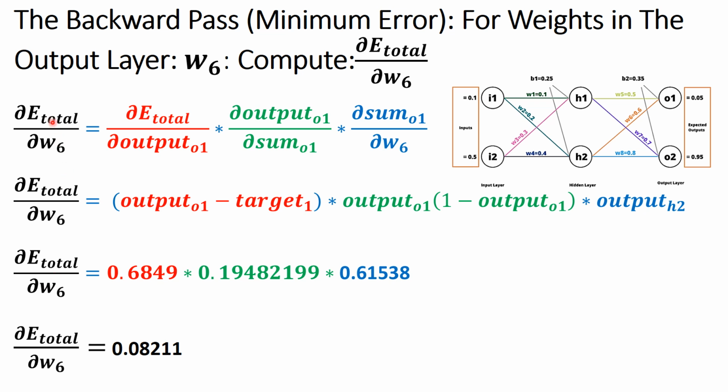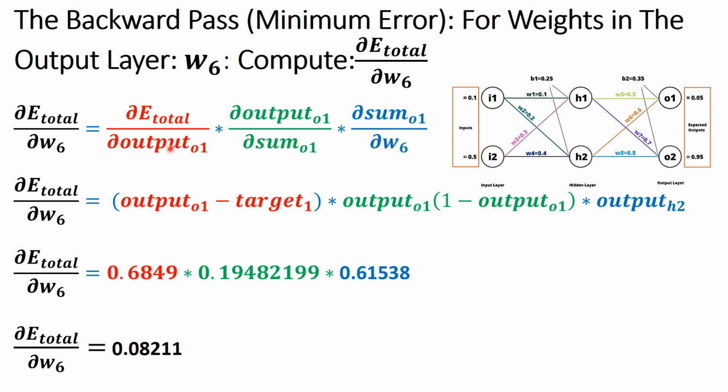The partial derivative of E total with respect to W6 equals partial derivative of E total with respect to output O1 multiplied by partial derivative of output O1 with respect to sum O1 multiplied by the partial derivative for sum O1 with respect to W6.